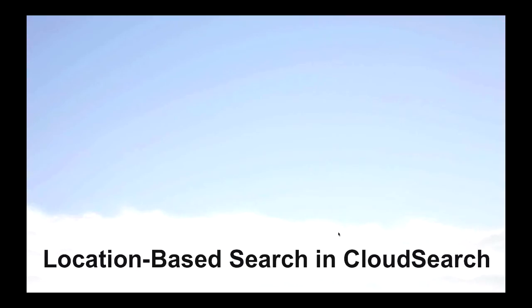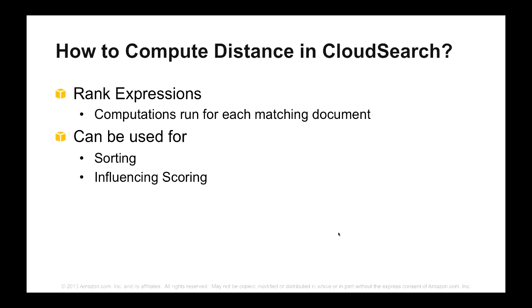All right. Now that we have the basic ideas of the computations down, how would you compute distance in CloudSearch? Well, CloudSearch contains a feature called rank expressions. And rank expressions are used to run a computation for each document that you match. You could use rank expressions to invoke something like popularity of a document, rating of a restaurant, or number of likes, to include those in.